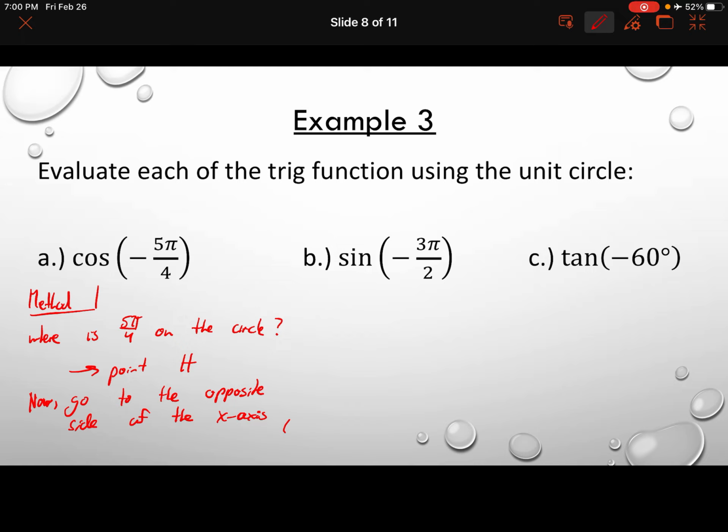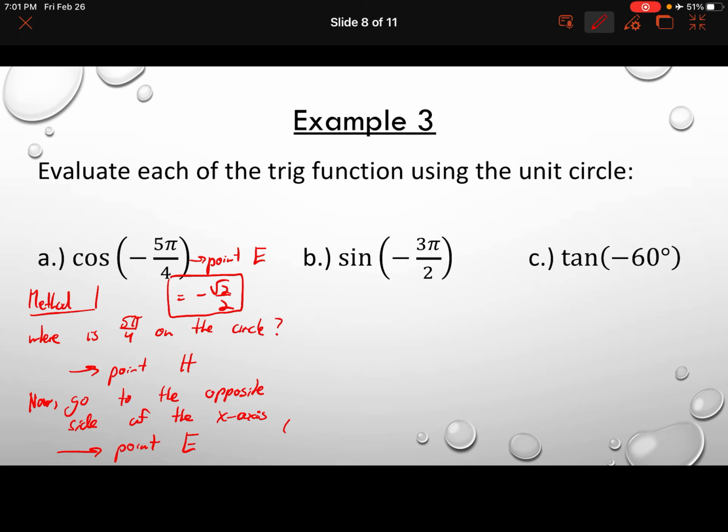Well, where do you end up? You end up at point, let's see, A, B, C, point E. So that is where your negative angle measure is. So point E in this case. Since it's cosine, our final answer is negative radical 2 over 2.